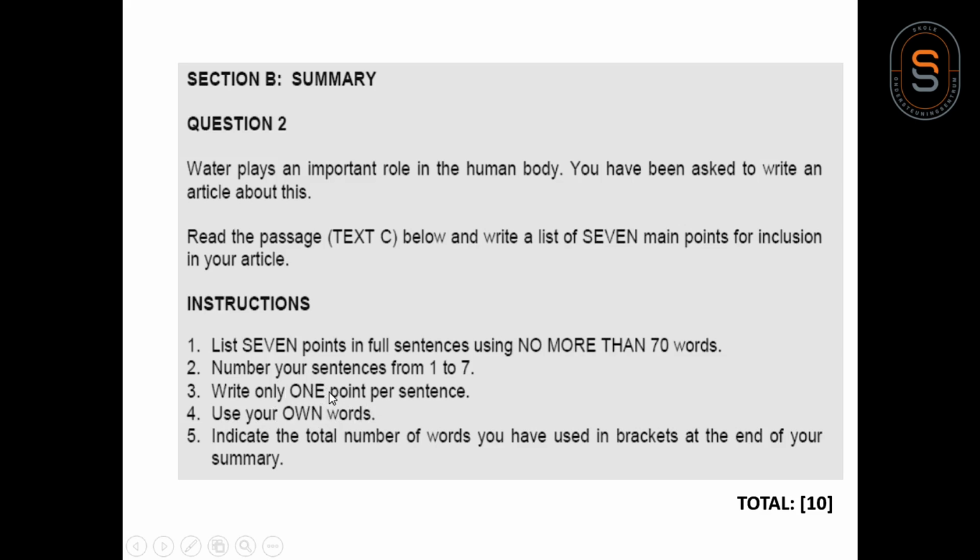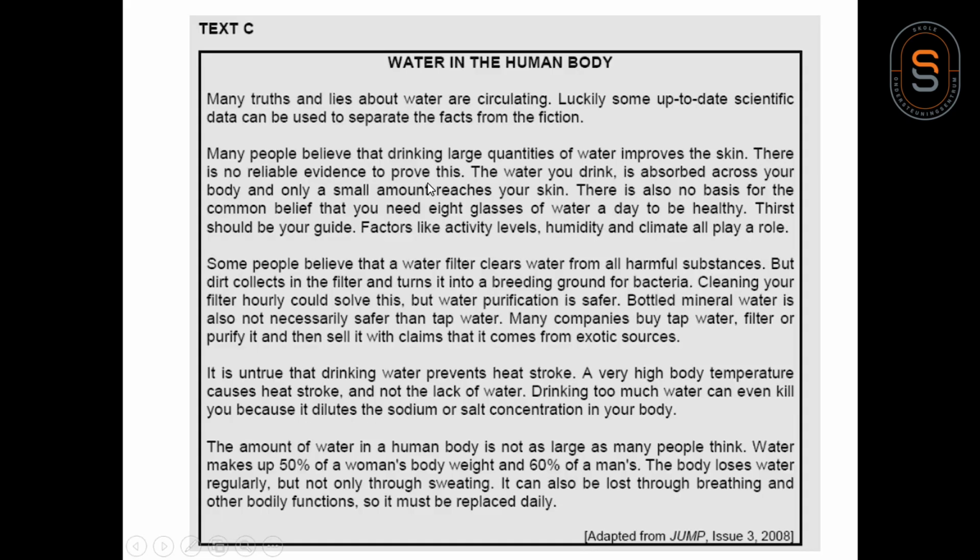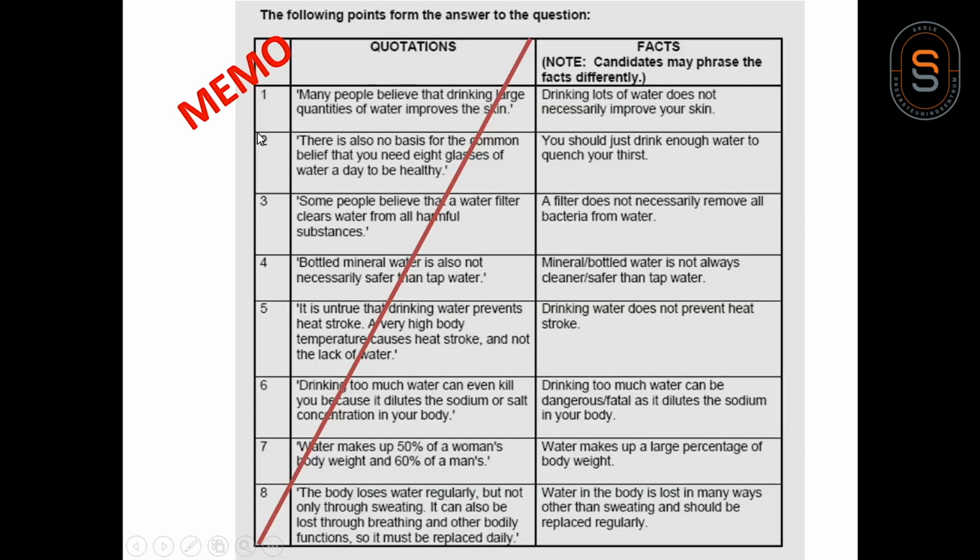Let's have a look at the passage. Remember, what do we have to summarize? The role that water plays in the human body. So have a look. Water in the human body. Here is the passage. And let's have a look at the memo. Now this is how your paper is supposed to look.